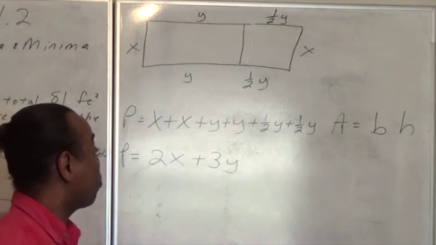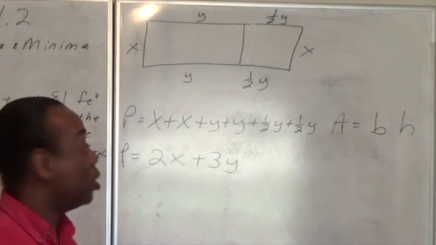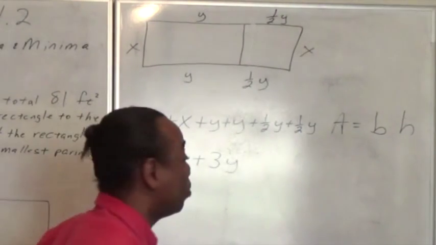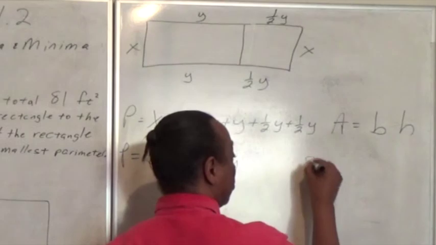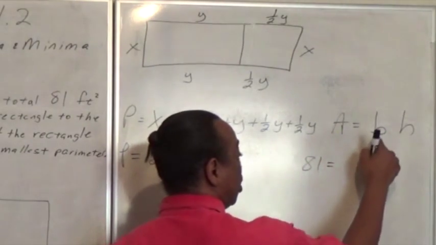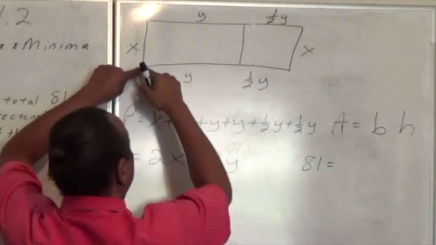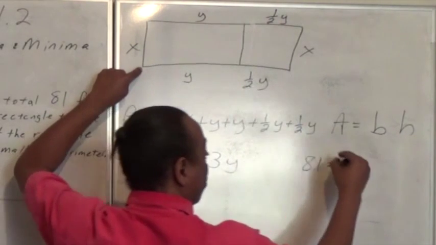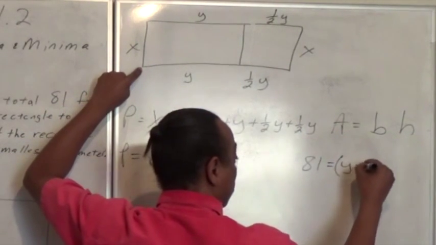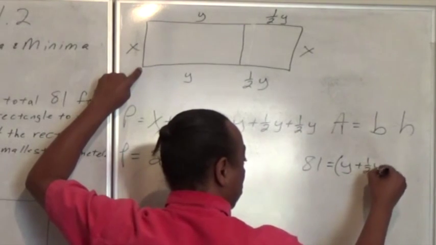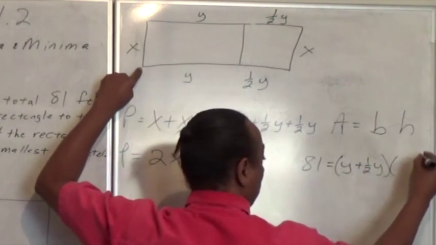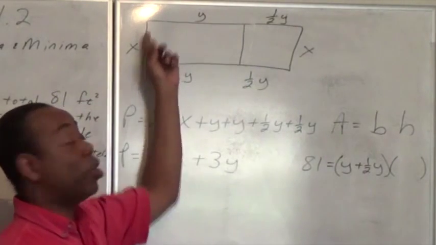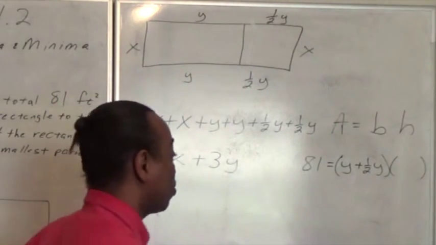In our case here, the area is set at 81, so we can replace the area with 81. The base is from here to here, which is made out of Y and 1/2 of Y. The height of this rectangle is from here to here, which is X.